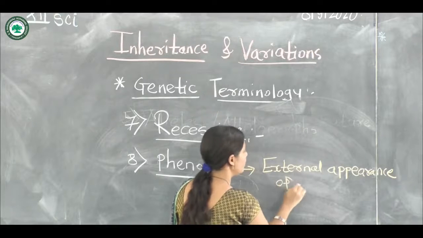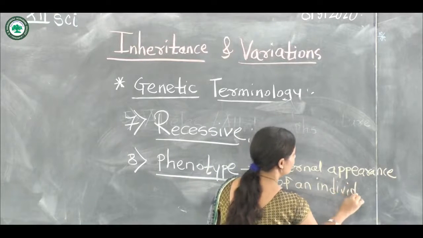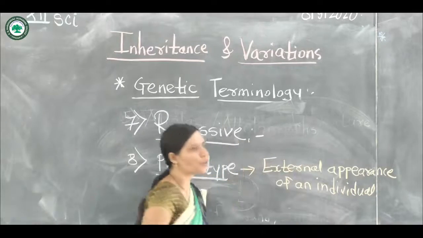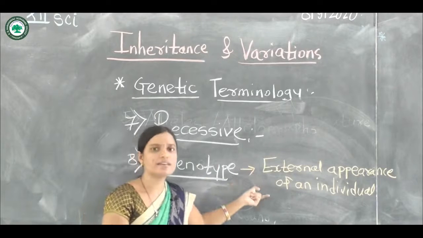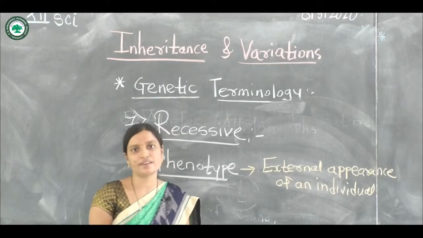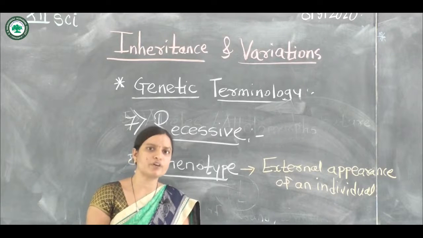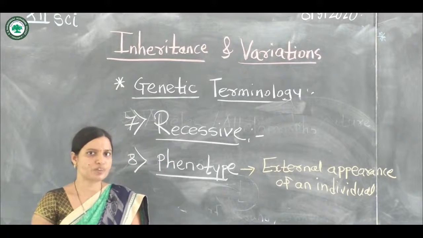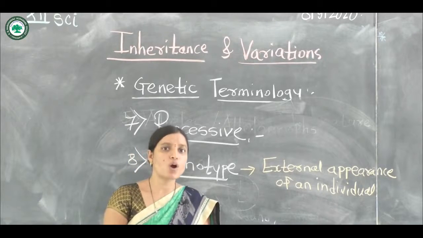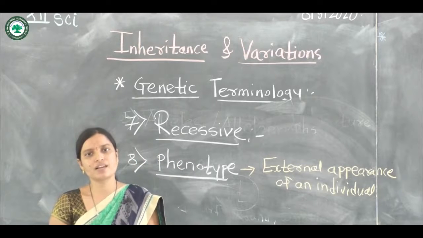For example, we studied seven pairs of contrasting characters like height of stem, color of seeds, pod shape, pod color, and position of flower, axial or terminal.